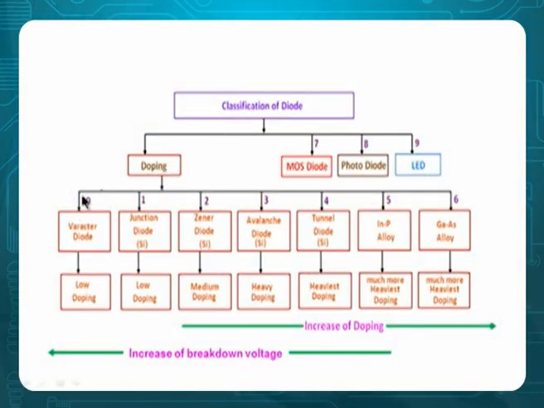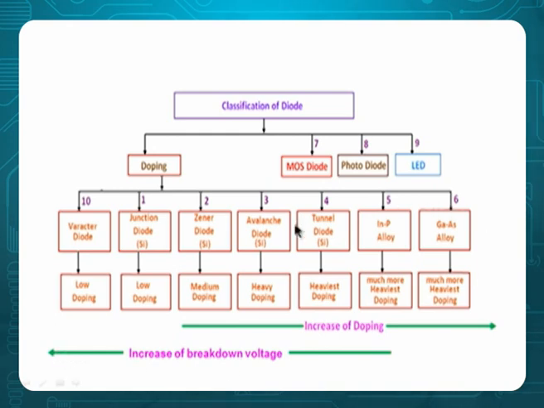First we will start with classification of diodes. Diodes I have classified as based on doping, and others are special diodes. In doping, the junction diode is lowest, Zener has more, Avalanche has still more doping, Tunnel has much more, Indium Phosphide has much more, Gallium Arsenide is the highest. So as the doping is increasing this side, breakdown is increasing this side.